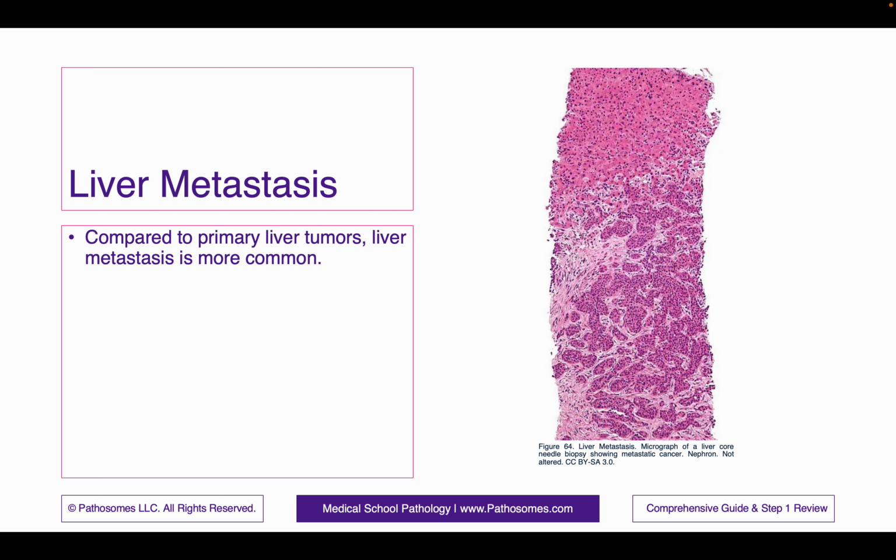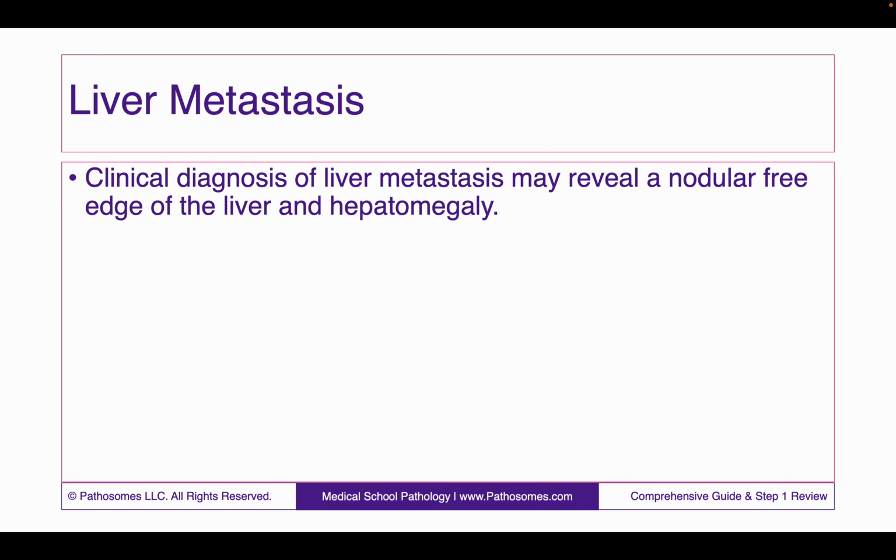For example, to the right here, we see a needle core biopsy from a liver specimen showing a micrograph with some sort of metastatic cancer in it. It looks a bit epithelioid to me. The clinical diagnosis of liver metastasis may reveal a nodular free edge of the liver and hepatomegaly.